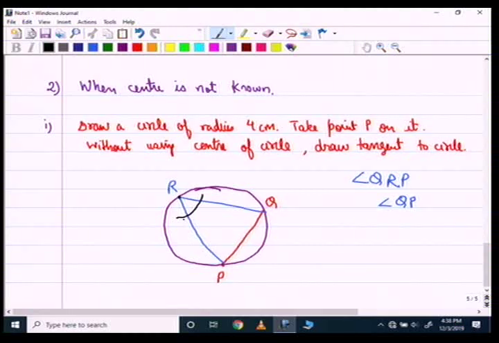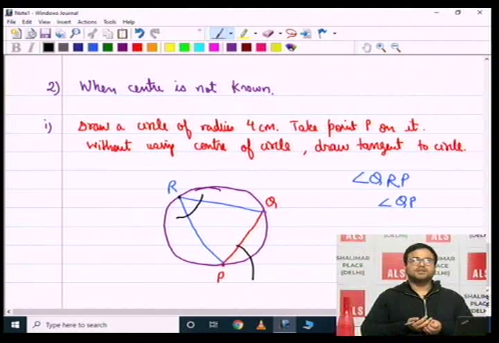By taking R as center, draw an arc like this, and with the same compass measurement, by taking P as center, draw one arc like this with the same angular measurement. Do it.